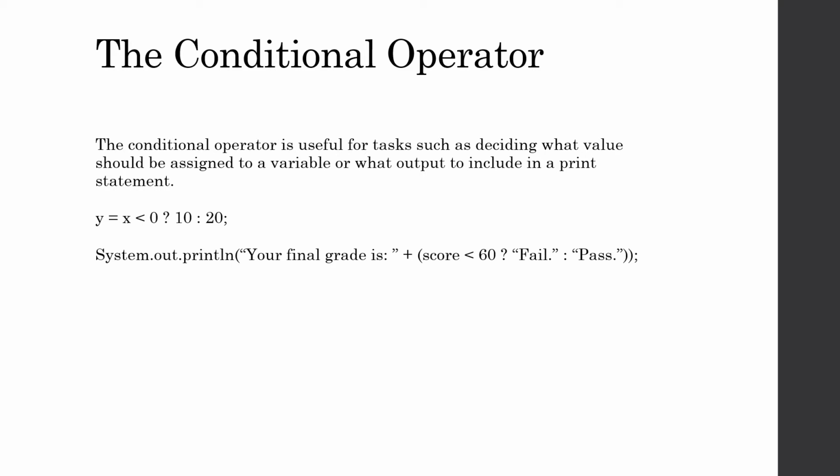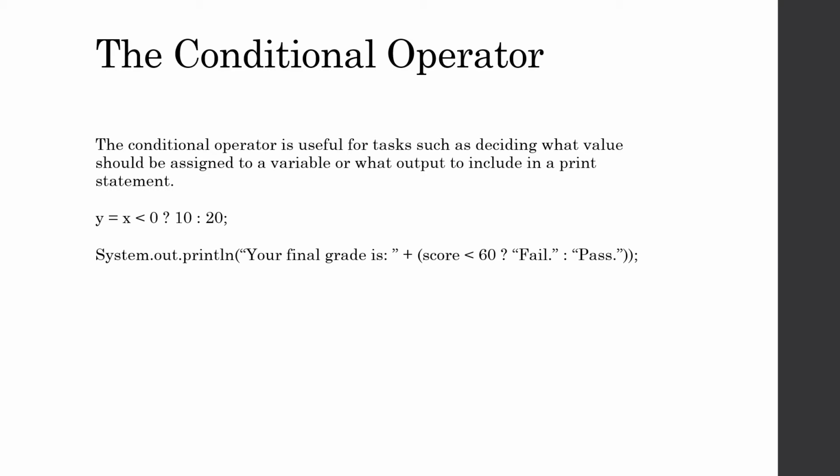So we see y equals x less than 0. That's the Boolean expression in our ternary operator. We then have that question mark character, and then we have our 10, so that's the value we'll choose if our expression evaluates to true. We then have our colon, and then the value 20, we're going to choose that if our expression evaluates to false.